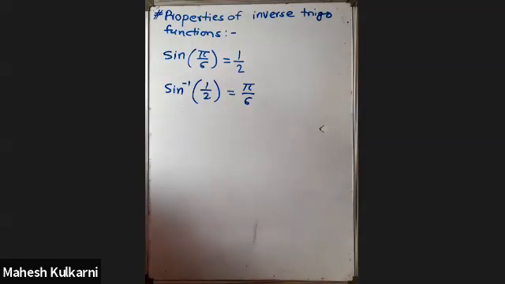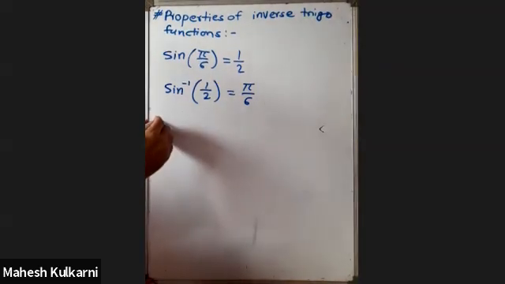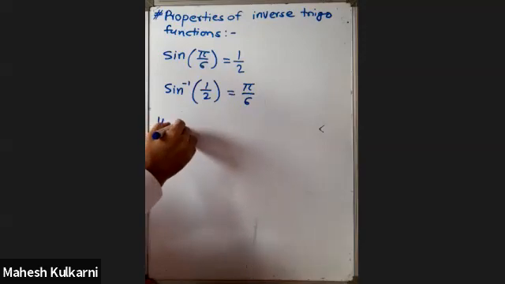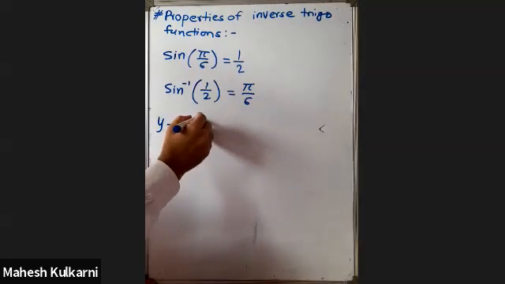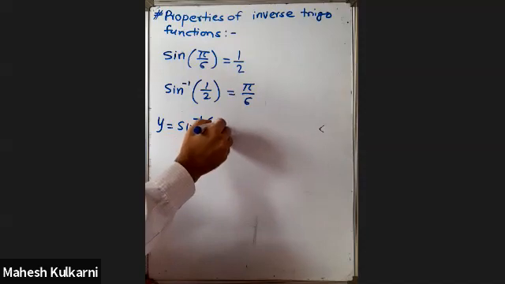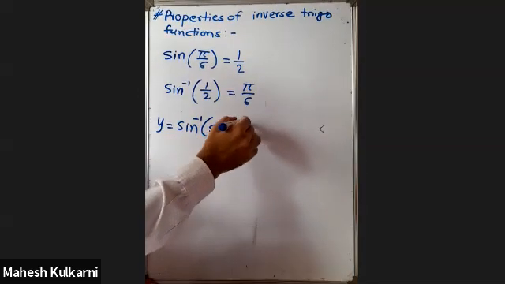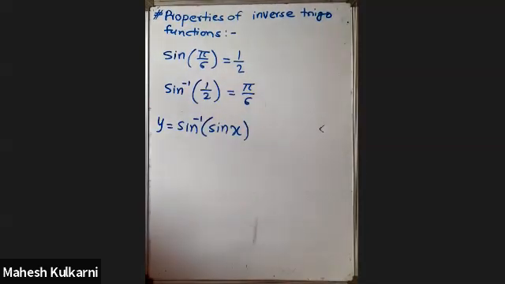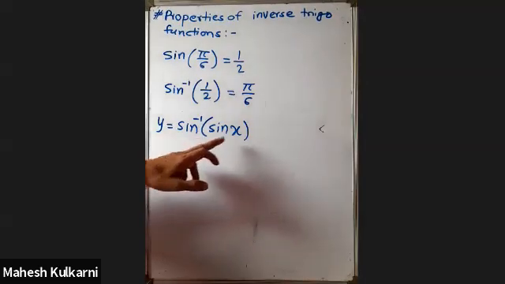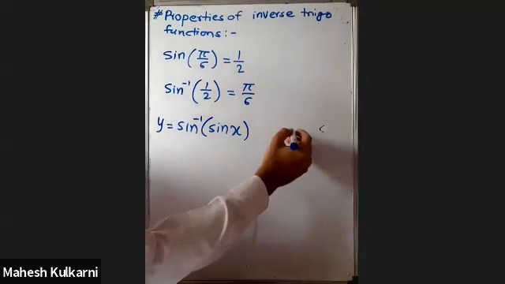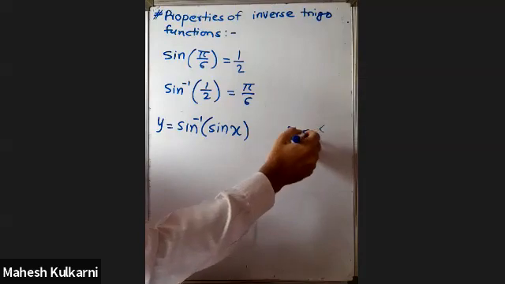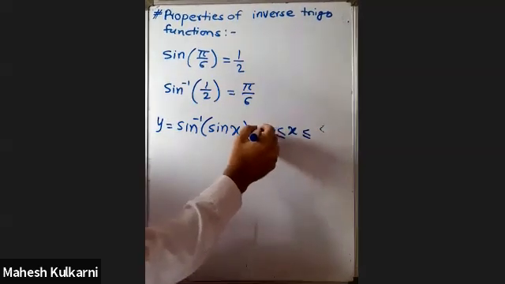Now, if you take a composite function of sine and sine inverse, for example, if the function is of this type, y is equal to sine inverse of sine x. Now, when it is sine inverse of sine x, first of all, we have to mention this domain.